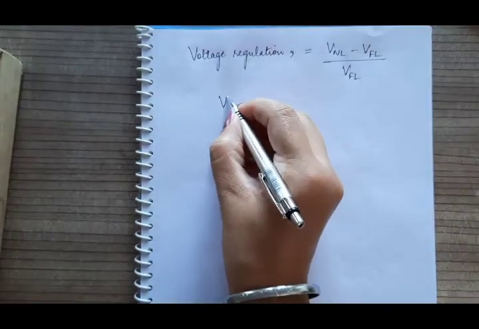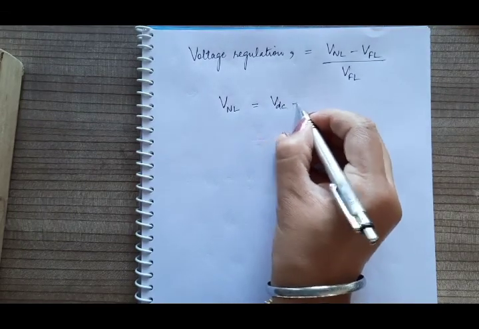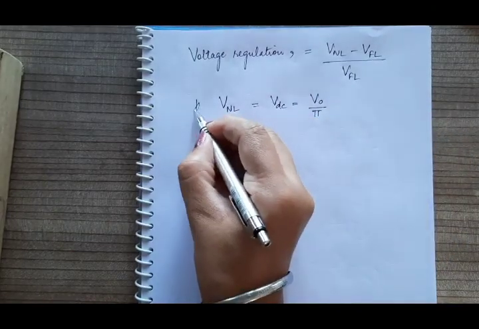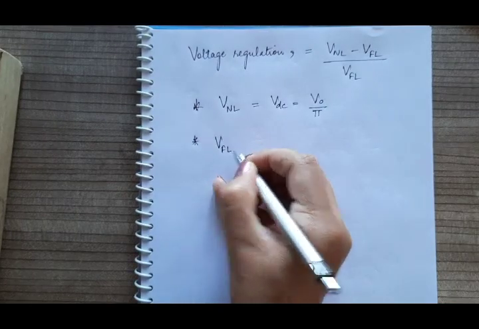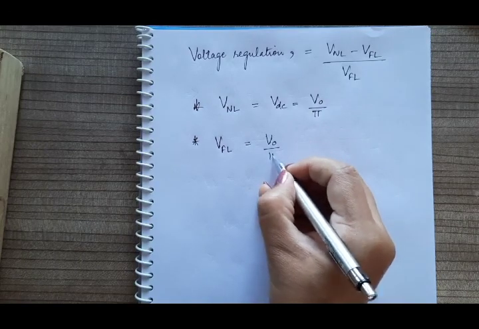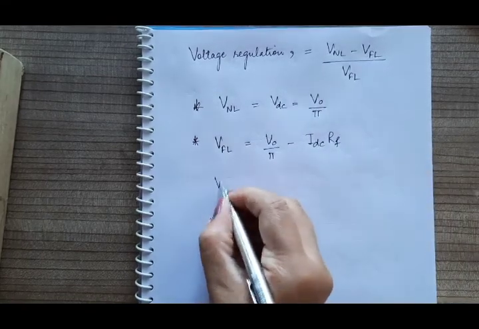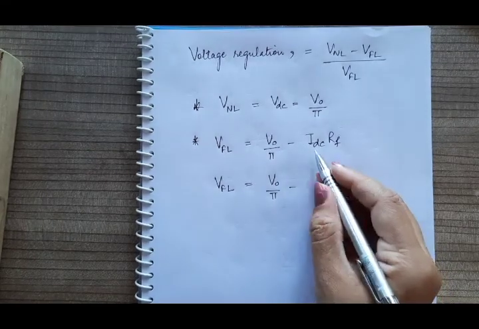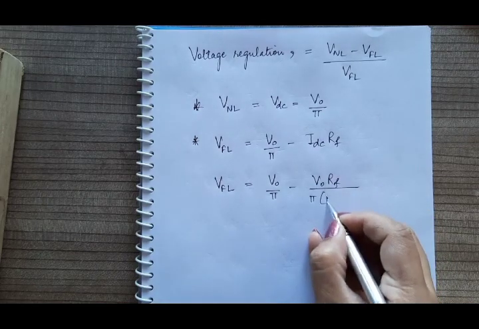So now we know that we have already calculated voltage at no load, that is equal to VDC, and it is equal to V0 by pi. This we have already calculated. And voltage at full load, this we have just calculated, and it comes out to be V0 by pi minus IDC RF, that is voltage at full load, it is equal to V0 by pi minus I0 by pi RF. I0 is V0 upon RF plus RL.